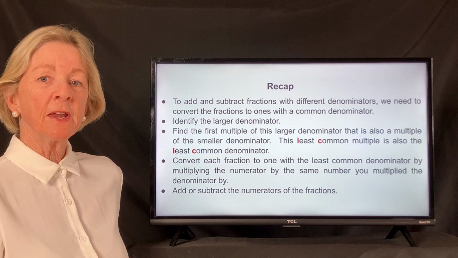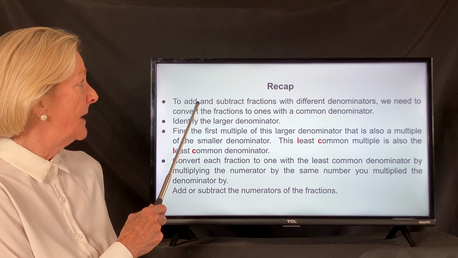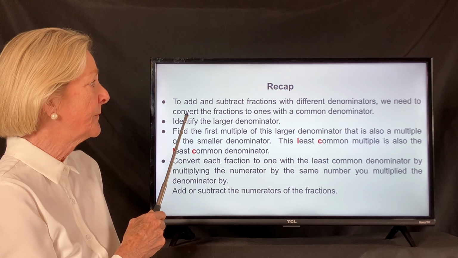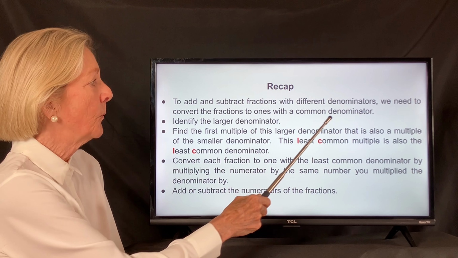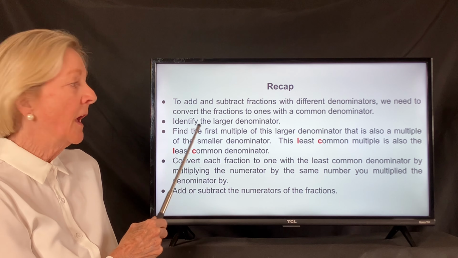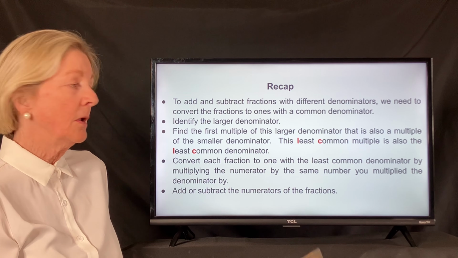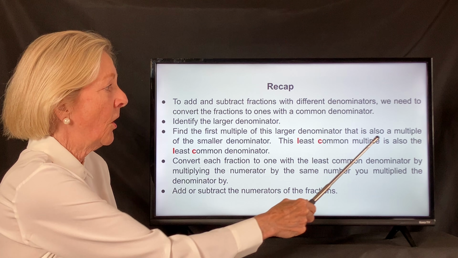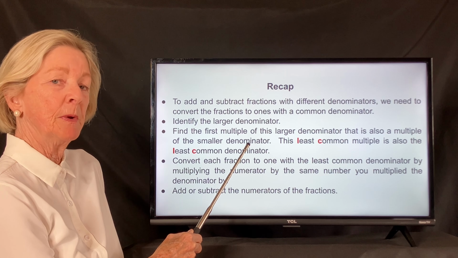Now, let's recap what we learned today. To add and subtract fractions with different denominators, we need to convert the fractions to ones with a common denominator. To do this, first identify the larger denominator. Find the first multiple of this larger denominator that is also a multiple of the smaller denominator.